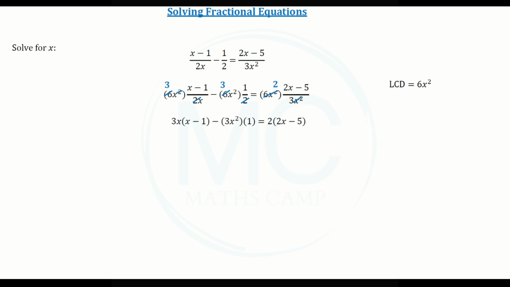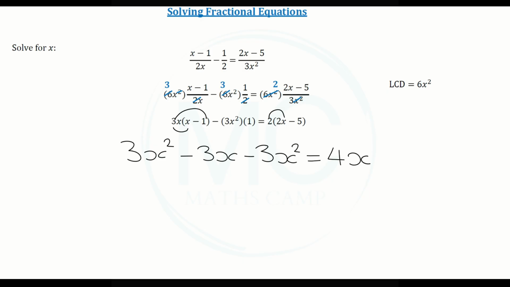And now we can expand our brackets. 3x multiplied by x gives us 3x squared. 3x multiplied by negative 1 is negative 3x. Then we have negative 3x squared is equal to 2 multiplied by 2x is 4x. 2 multiplied by negative 5 is negative 10.